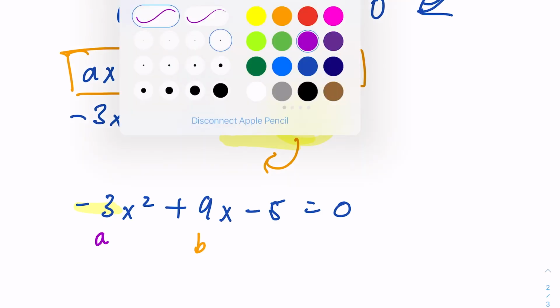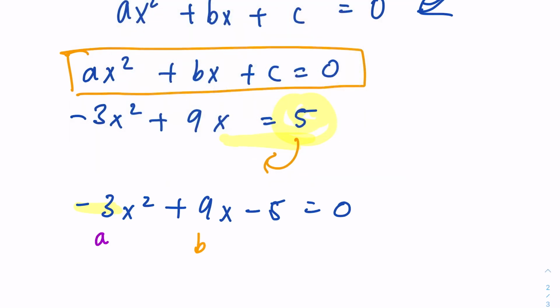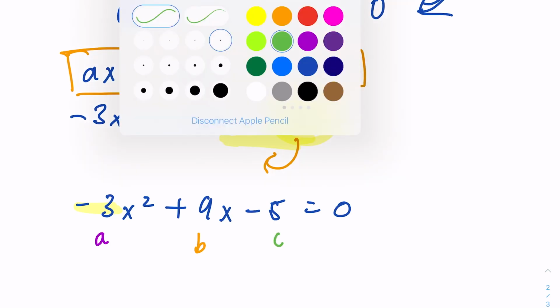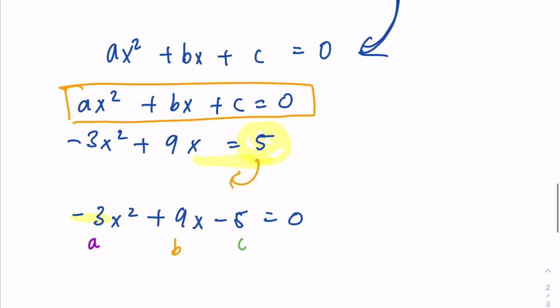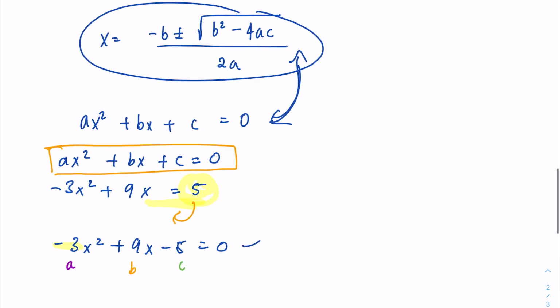Therefore, you can see that the first term is your a, your second term is your b, and your third term is your constant, which is negative 5. And now you can place it back into the quadratic formula as can be seen in the previous slide.